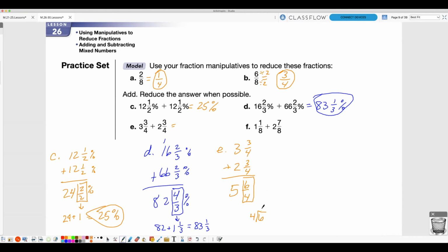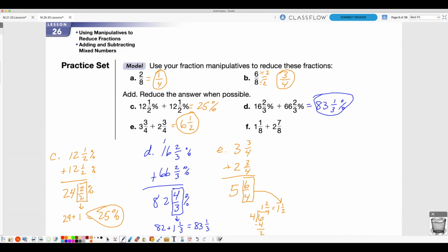That's what it means. And 4 will go into 6 one time with 2 left over. 2 is the numerator and 4 is the denominator. And then that is the same as 1 1/2. So this 6/4 is actually equivalent to 1 1/2. And then I have 5 plus 1 1/2. In that case, that would be 6 1/2. And that's the final answer on that one.